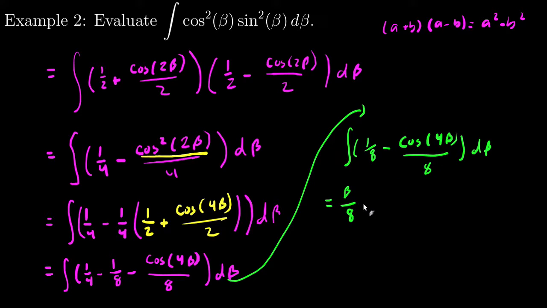And then the antiderivative of negative cosine of 4 beta over 8 is negative sine of 4 beta over, and I divide the over 8 by the 4, and I get over 32.